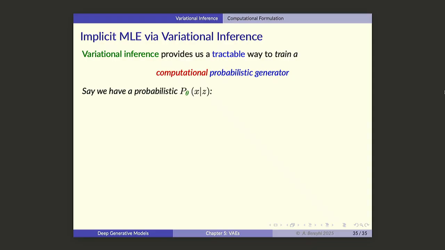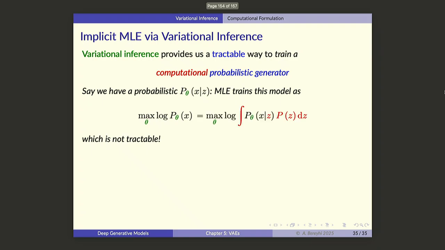We wanted to do maximum likelihood training, meaning that we wanted to maximize the log of the likelihood. And we ended up with this challenge that if I write down that term, it is going to be this integral, and this is not feasible to compute. But right now, I do know how to compute that, or at least estimate it.